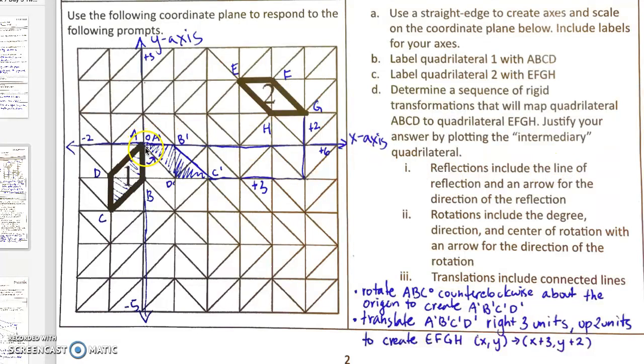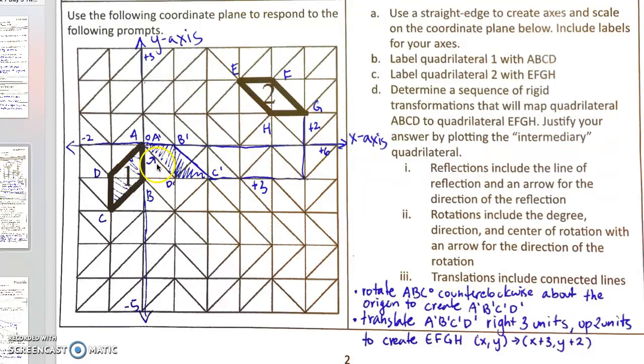Now I noticed this parallelogram has a point, and I want to see how I make this point A match up with point E. I think one way to do that is to rotate 90 degrees counterclockwise to create this quadrilateral. So now it's almost like the same direction as EFGH.